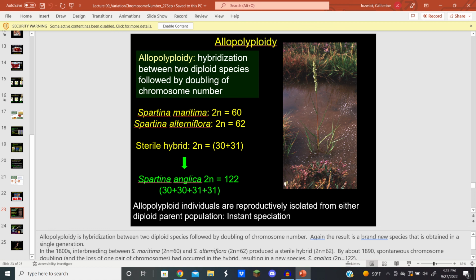We have a great example of that that took place in the harbors around southern England, London and things like that, where there was a species that always occurred there, Spartina maritima. It's a seagrass that's got a diploid number of 60 chromosomes, right? So 2n equals 60. And as ships were leaving England and sailing into Boston Harbor, they picked up seeds from a species that occurred there that was closely related, Spartina alterniflora, which had a chromosome number of 2n equals 62.